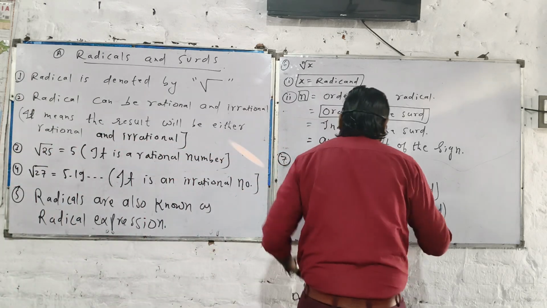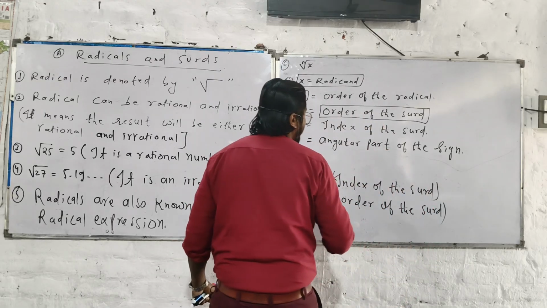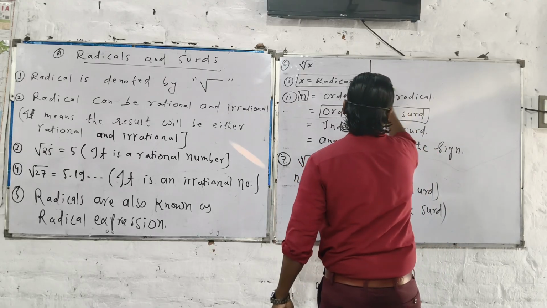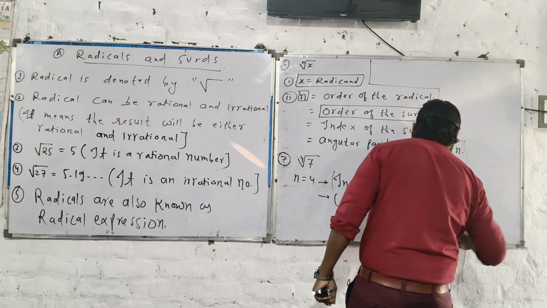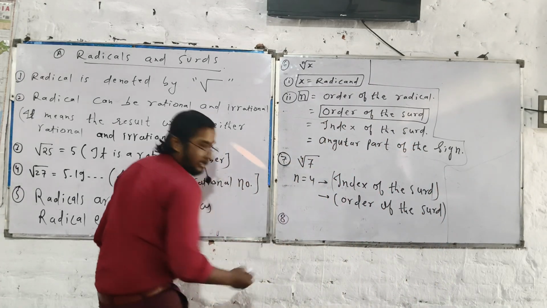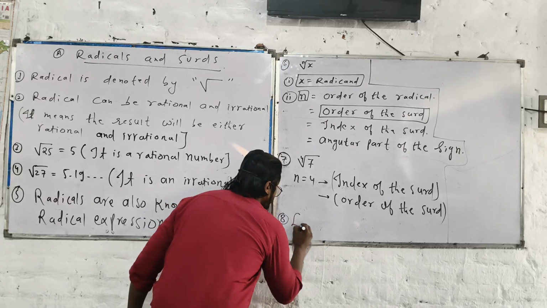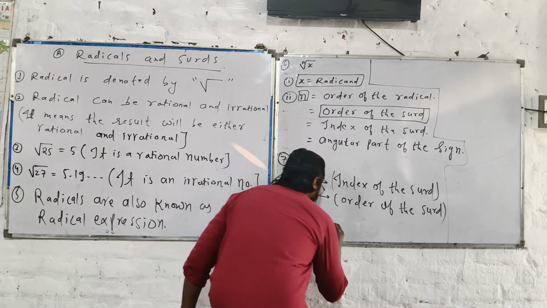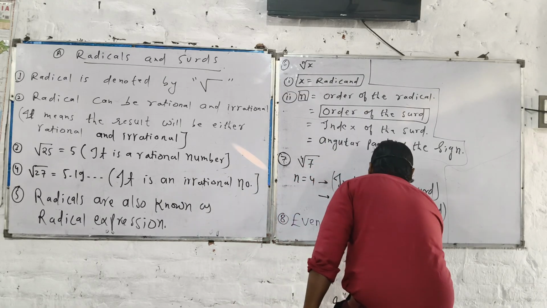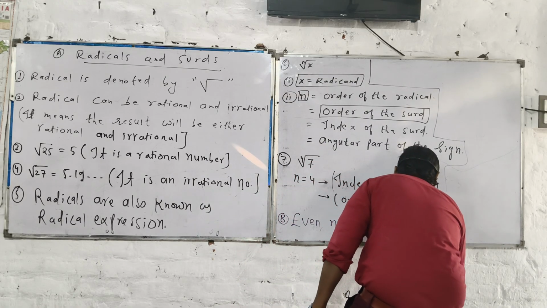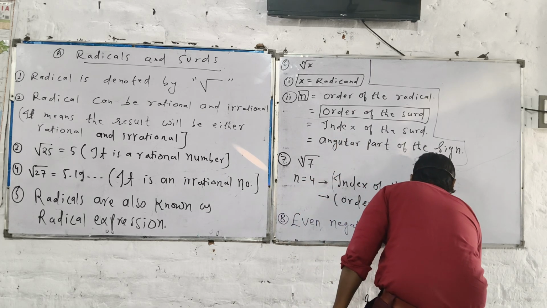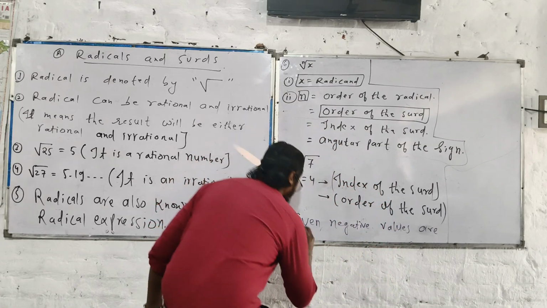Now let's discuss some most important points about the radical. Keep watching the board. Even negative values are radicals.